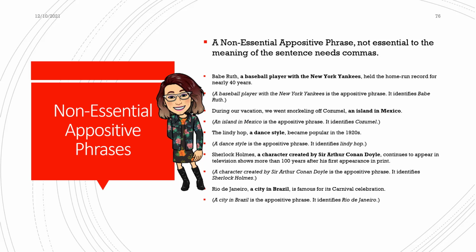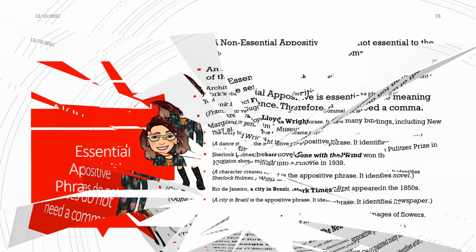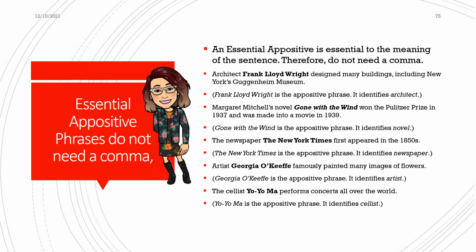So let's go back to, let's see if I can do this correctly. Ooh, isn't that cool? Yeah, this is the one that just came before it. So here you have: Architect Frank Lloyd Wright designed many buildings, including New York's Guggenheim Museum. Frank Lloyd Wright is the appositive phrase. It identifies architect.